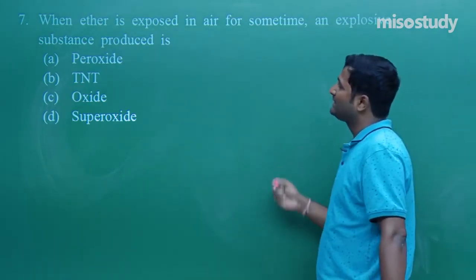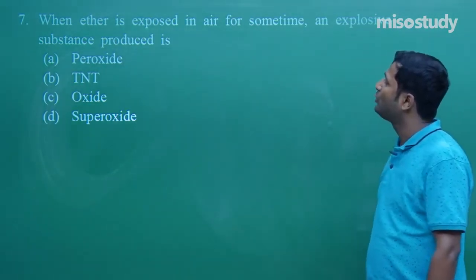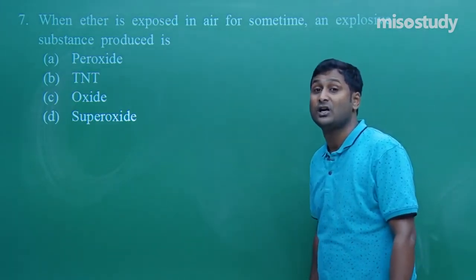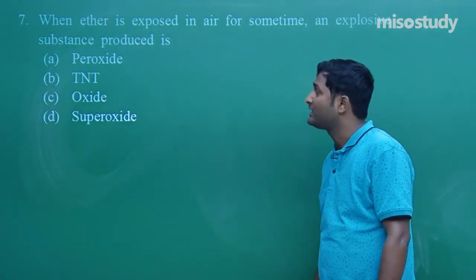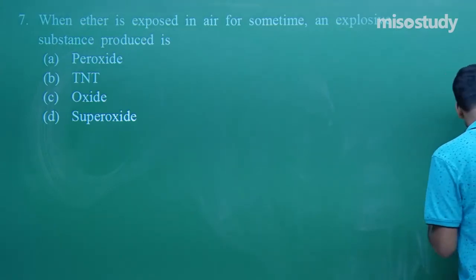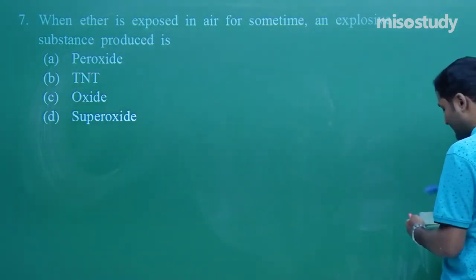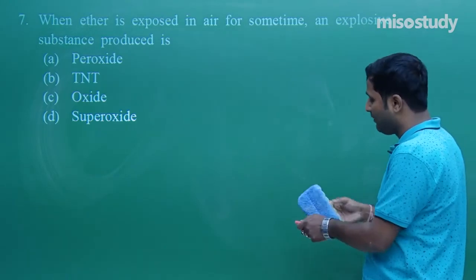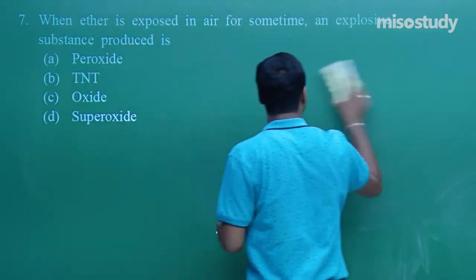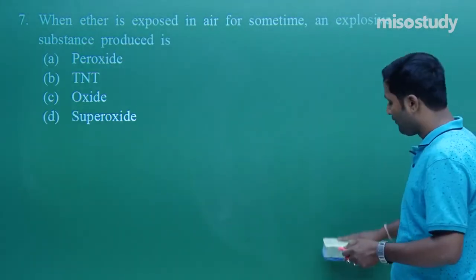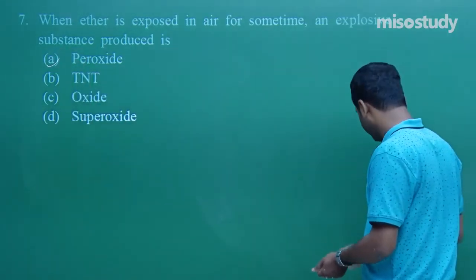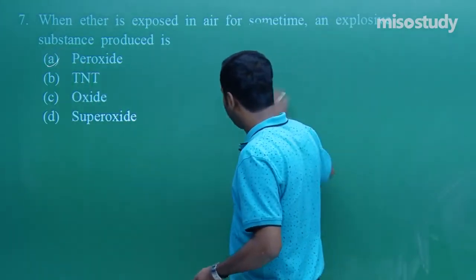We know that when ether is exposed to air for some time, formation of peroxide takes place. Is it clear? So this is the simple explanation for question number 7. A is the correct option. Yes sir.